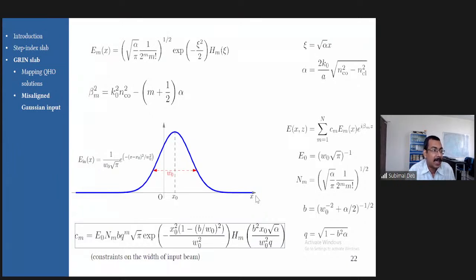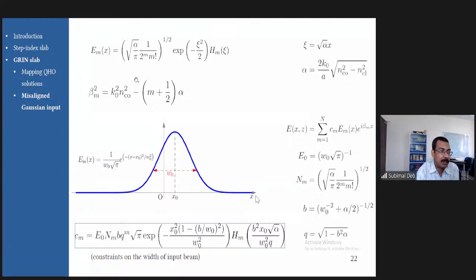form itself. And what we have done here, I have rewritten the expressions for the modes and the propagation constants, and some of these variables, which are scale variables of the position x, and this alpha, which is a measure of the numerical aperture that appears in this expression for the eigenmodes.